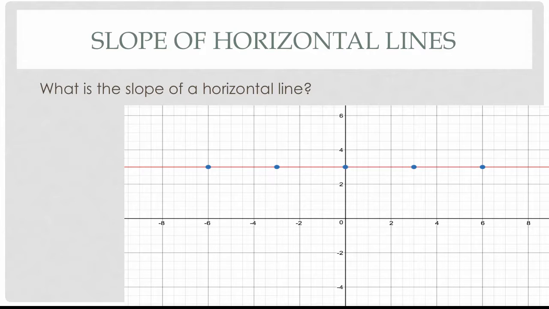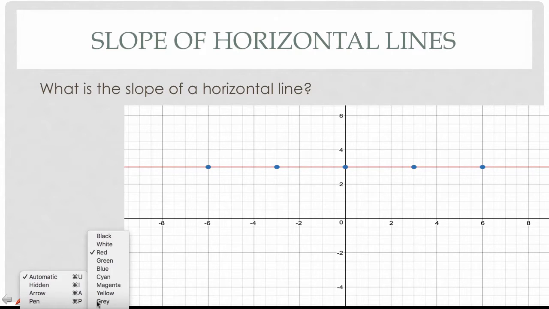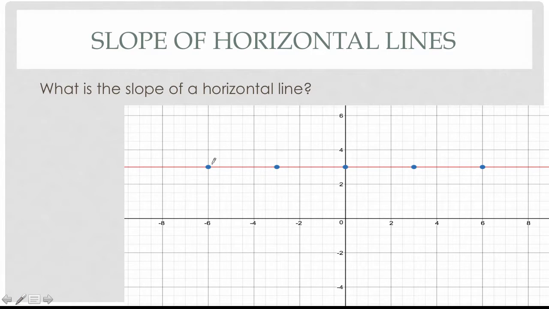But let's look at a special case of slope, and that is a horizontal line. What is the slope of this line? Well, let's think about it by using a couple points, and then we'll kind of develop it. So I'm going to use this point. When x is -6, my y value is 3. Let's use this point. When x is 3, my y value is also 3. There's my x1 and y1.